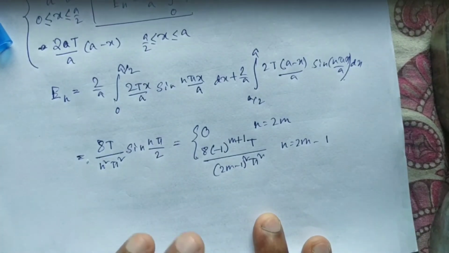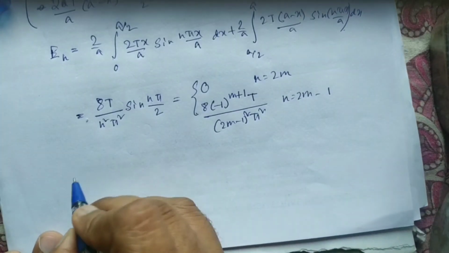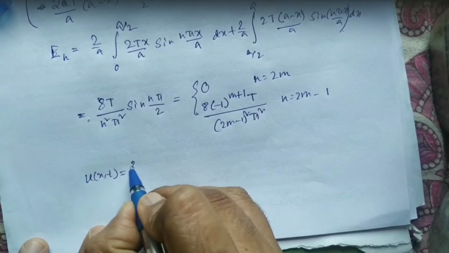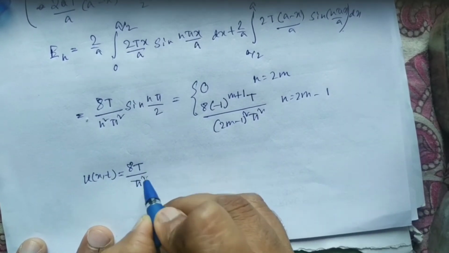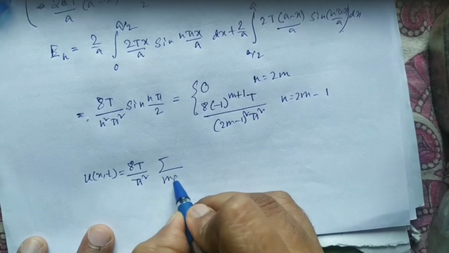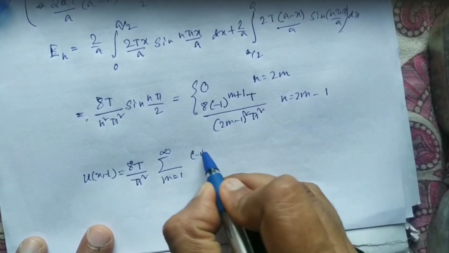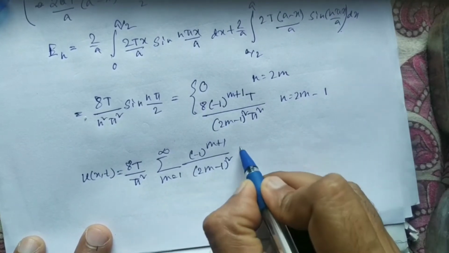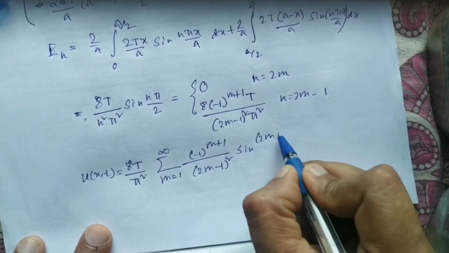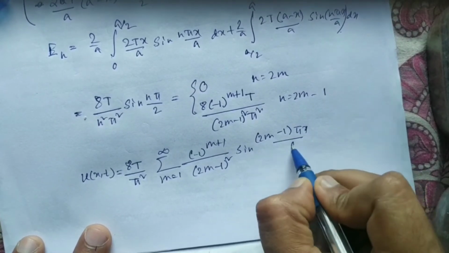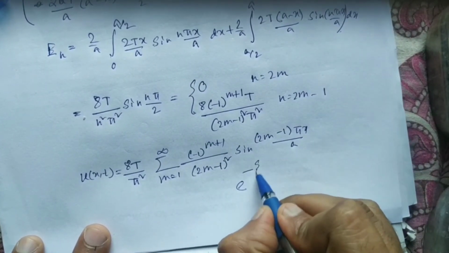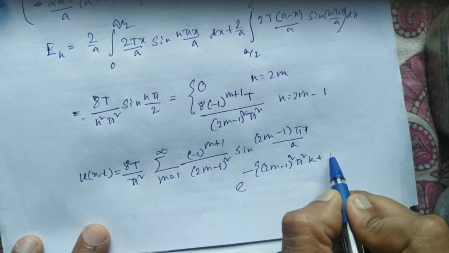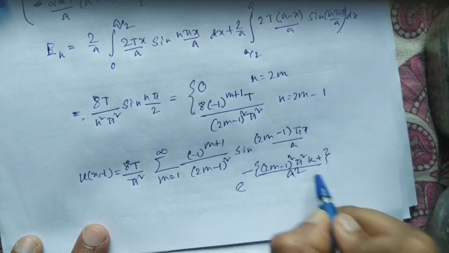So if we impose this, then your solution should look like u(x,t) equals 8T/π² times the summation from m equals 1 to infinity of (−1)^(m+1)/(2m−1)² sin((2m−1)πx/a) e^(−(2m−1)²π²κt/a²).